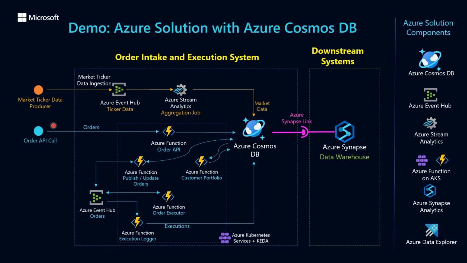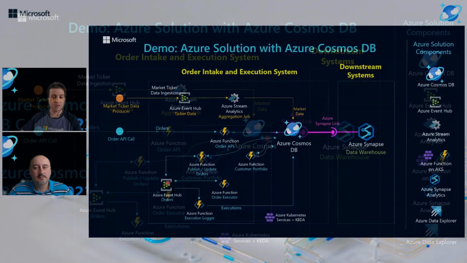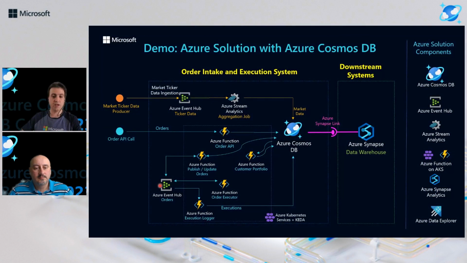For the second path, we have the order management system receiving input orders via an Azure Functions REST API and storing data directly in Azure Cosmos DB. With this outbox pattern, once the data is stored in a container, a downstream function will consume the Azure Cosmos DB change feed and publish data to Azure Event Hub for execution.